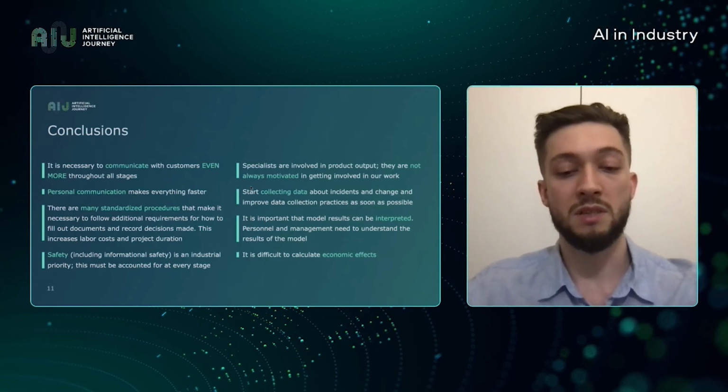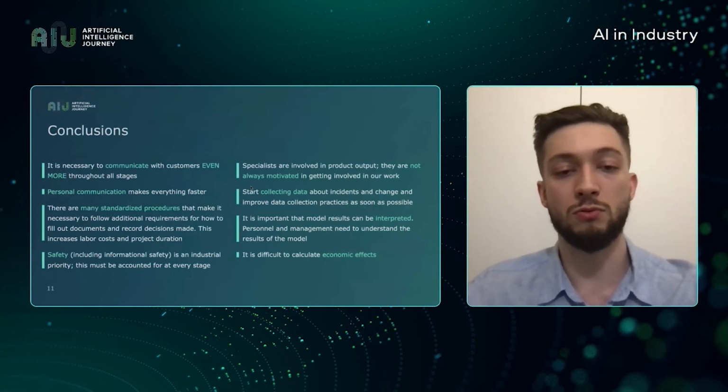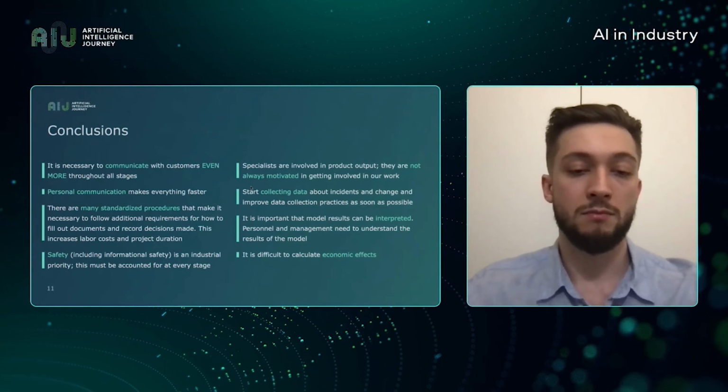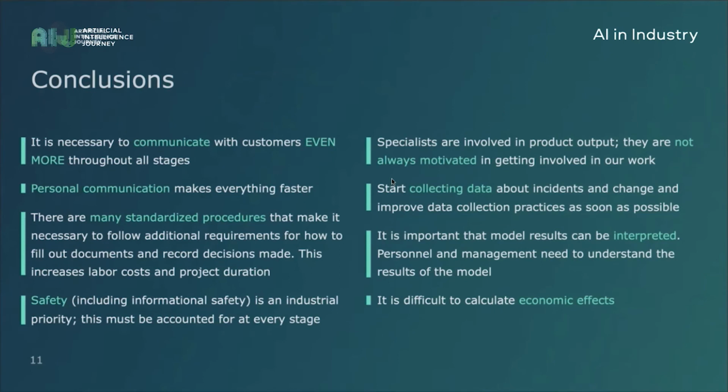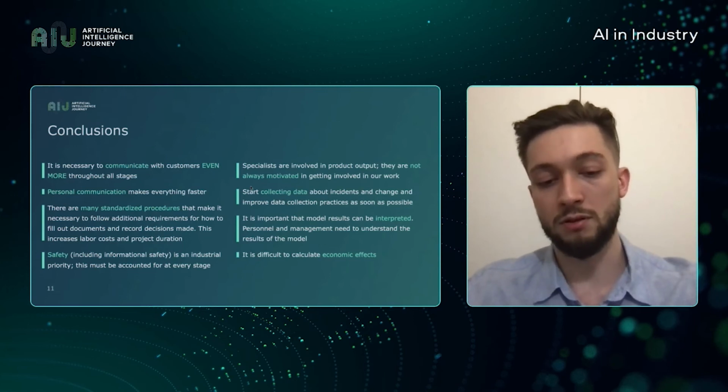And in the nuclear industry, safety is a top priority, including information safety and security. Therefore, fast data acquisition and working with the customer infrastructure, integration into the customer infrastructure, is really crucial, and we need to pay due attention to that. And we have to understand that it makes the process harder, but it is what it is, and it's critical.